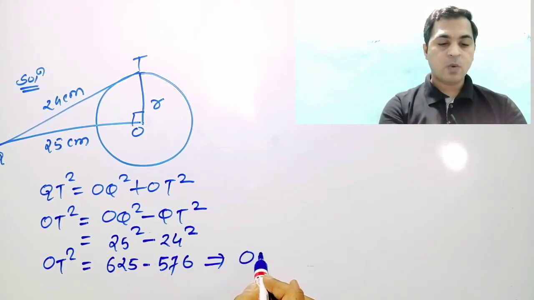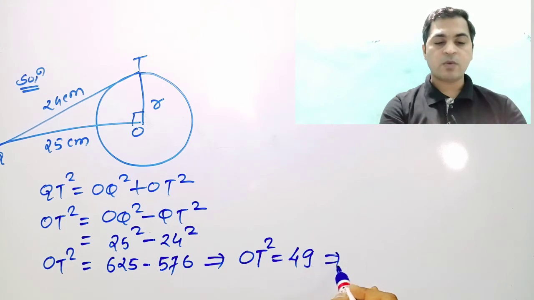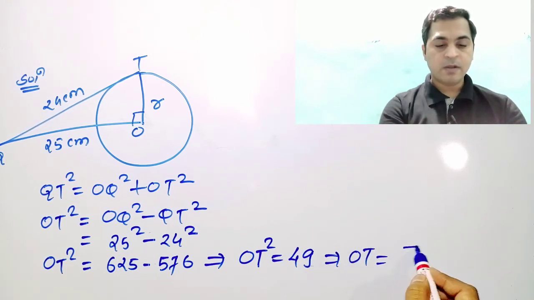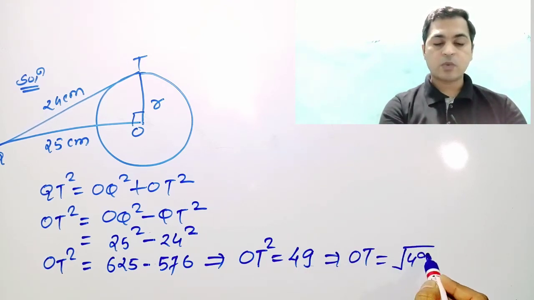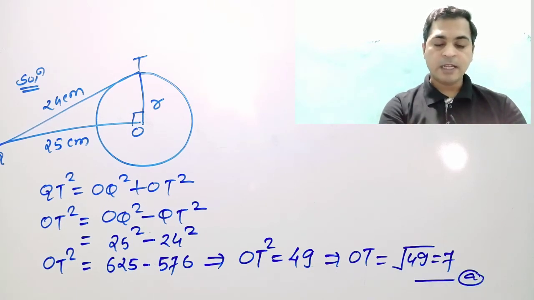So we are getting OT square is equal to 49. So the length of OT will be root 49, the square root of 49, we are getting 7, isn't it? So you just have to apply the Pythagoras theorem and go through it and check in the options which option holds.